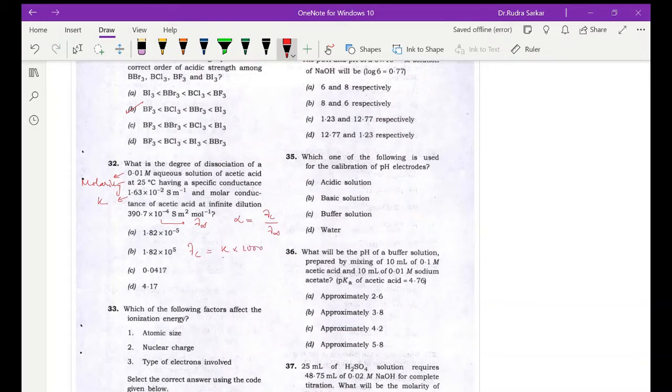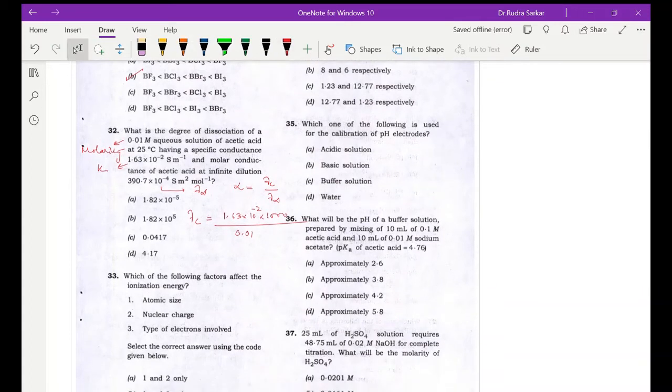Over here we know 1.63 into 10 to the power minus 2 into 1000 by this.